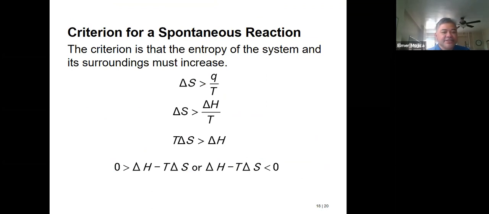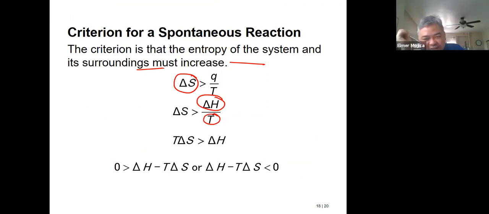The criteria is that the entropy of the system and its surroundings must increase. So what does it mean? The entropy that you get is always higher than Q over T. It's always higher than delta H divided by temperature. Then if you realign this, cross multiply, the temperature times delta S is always higher than delta H.